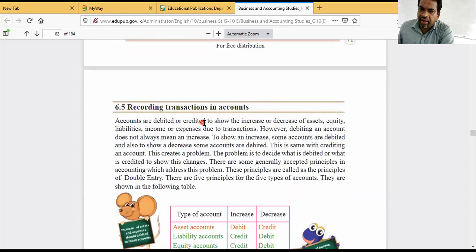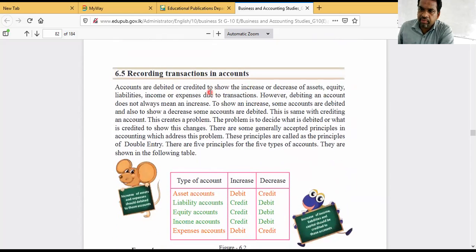Right, recording transactions in accounts. Accounts are debited or credited to show the increase or decrease of assets, equity, liabilities, income, or expenses due to transactions. However, debiting an account does not always mean an increase. To show an increase, some accounts are debited, and to show a decrease, some accounts are also debited.